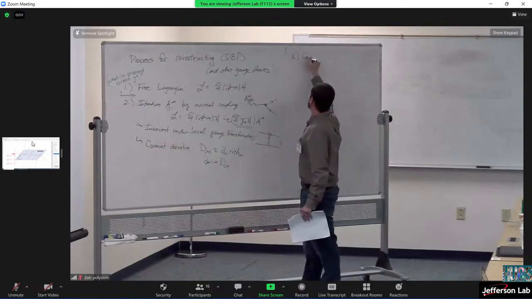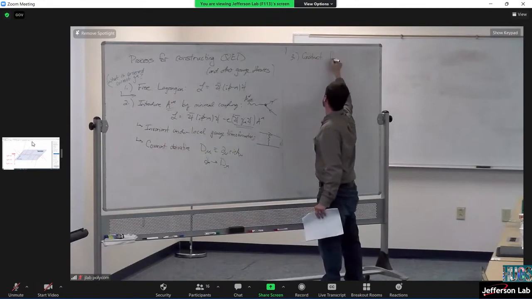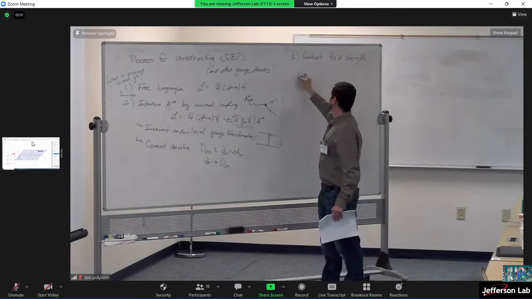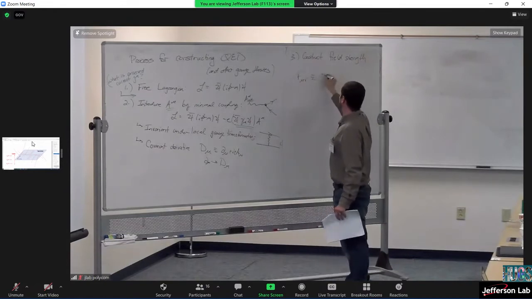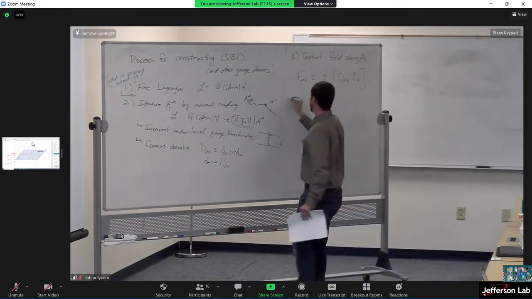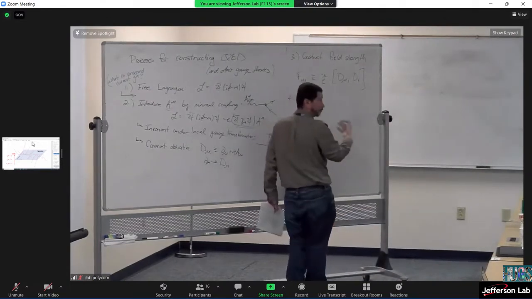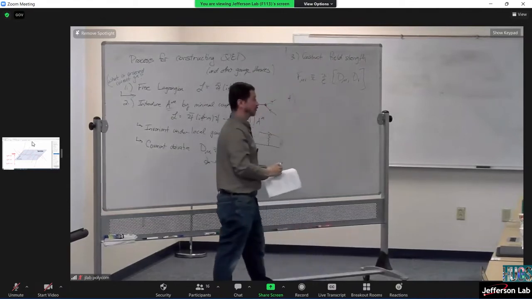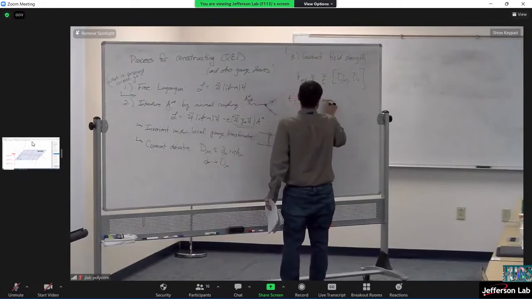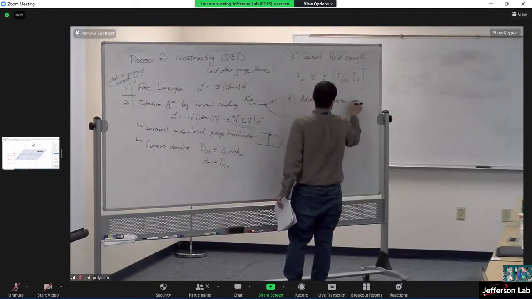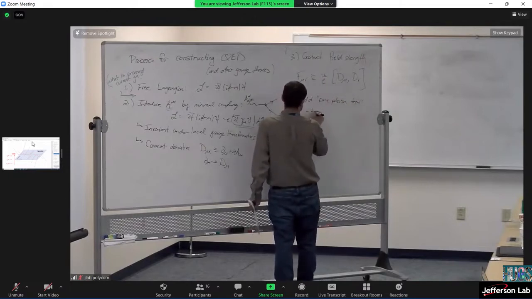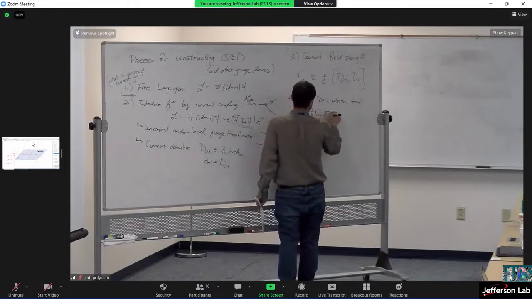So step 3 is construct the field strength tensor. F mu nu is defined to be minus i over e times the commutator of covariant derivatives. And then once you have this, now you can add in the free kinetic term, or let's say the pure photon term, which is minus 1/4 F mu nu F mu nu.